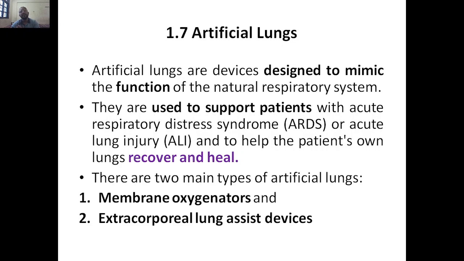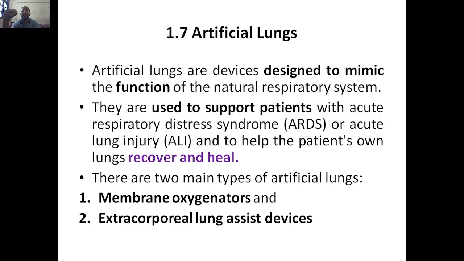The other way is machines or electronic devices which can do the function. For example, we know that lungs act as a purifier, and we already have air purifiers. We cannot use those as lungs, but we can have more specialized machines which act as an oxygenator, or which can provide oxygen.